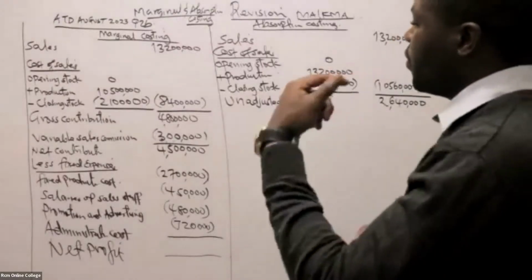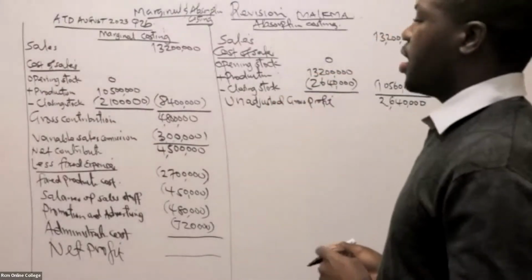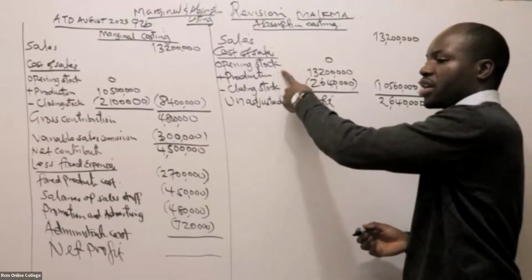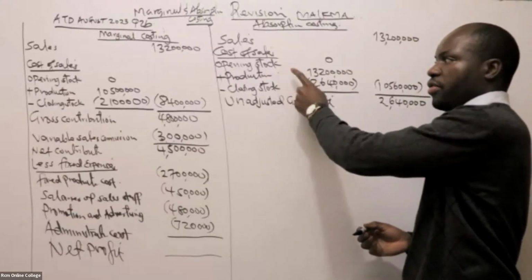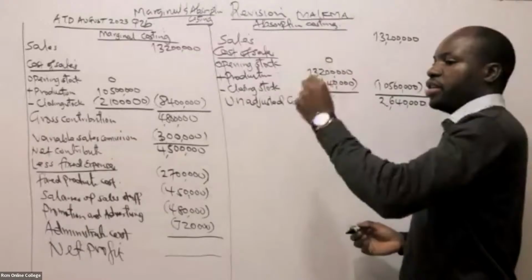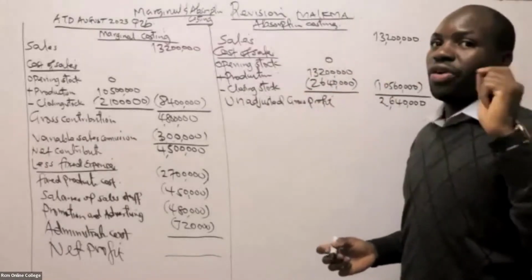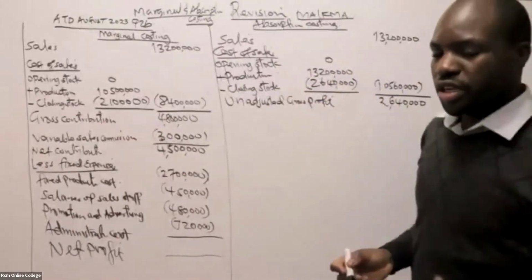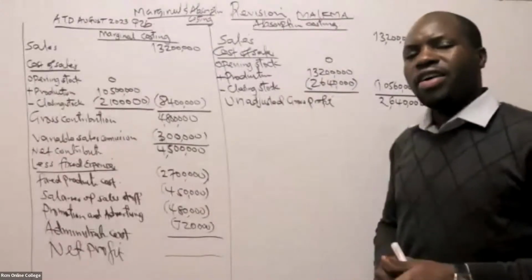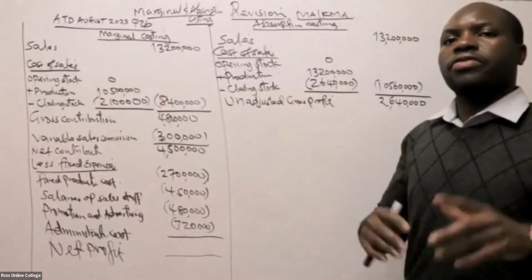The fixed production overheads have been used as part of the product cost. The 440 we are using here has already included the fixed production overheads. The only thing we want to check is: do we have over or under absorption of overheads?